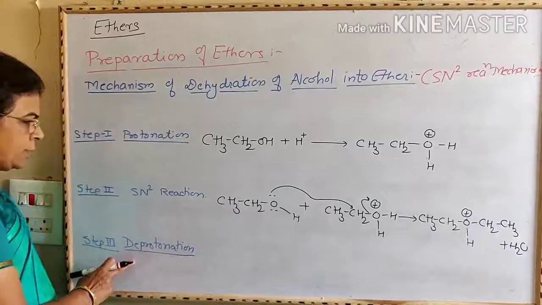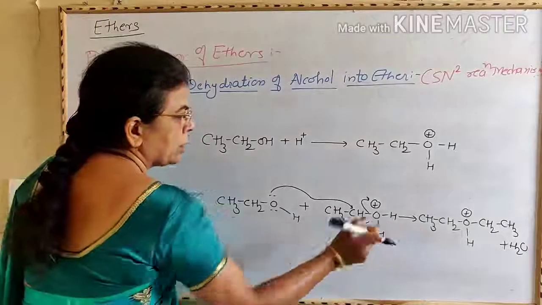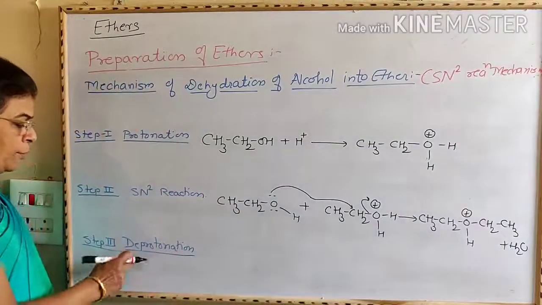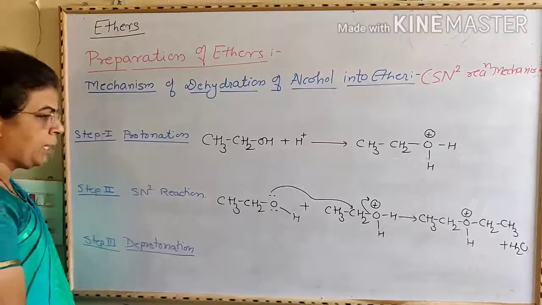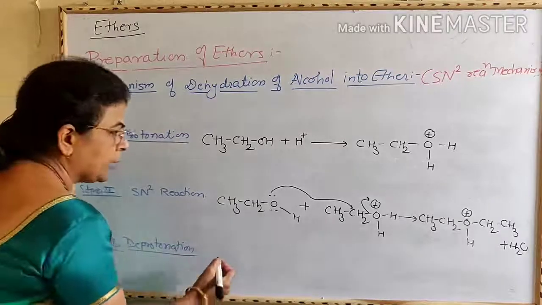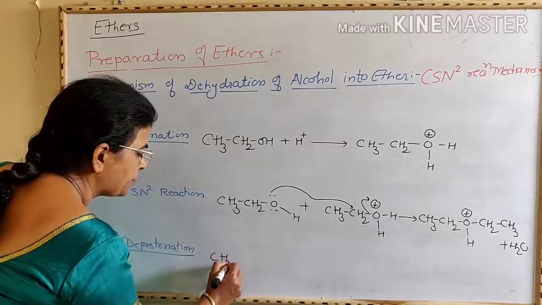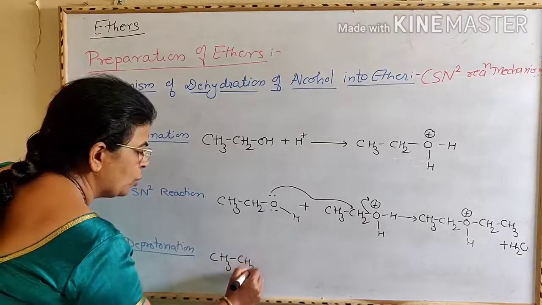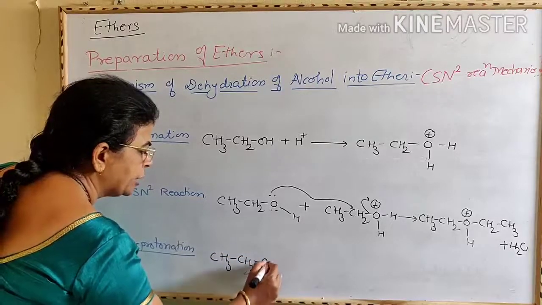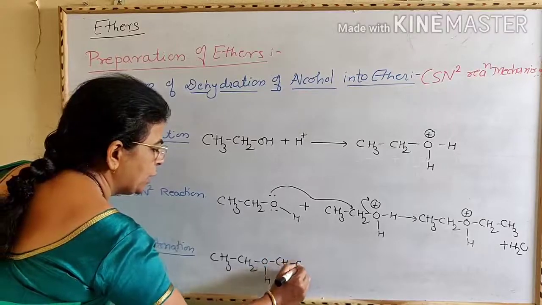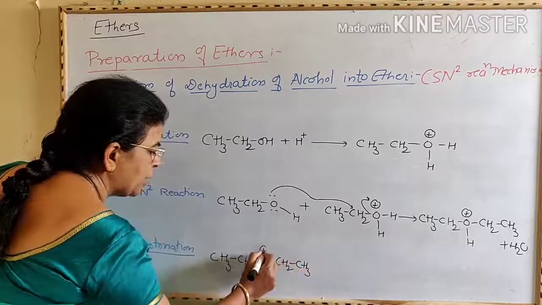Now in the last step, this intermediate undergoes deprotonation, that is removal of H plus ion, to form CH3CH2OCH2CH3. Now it is positively charged.